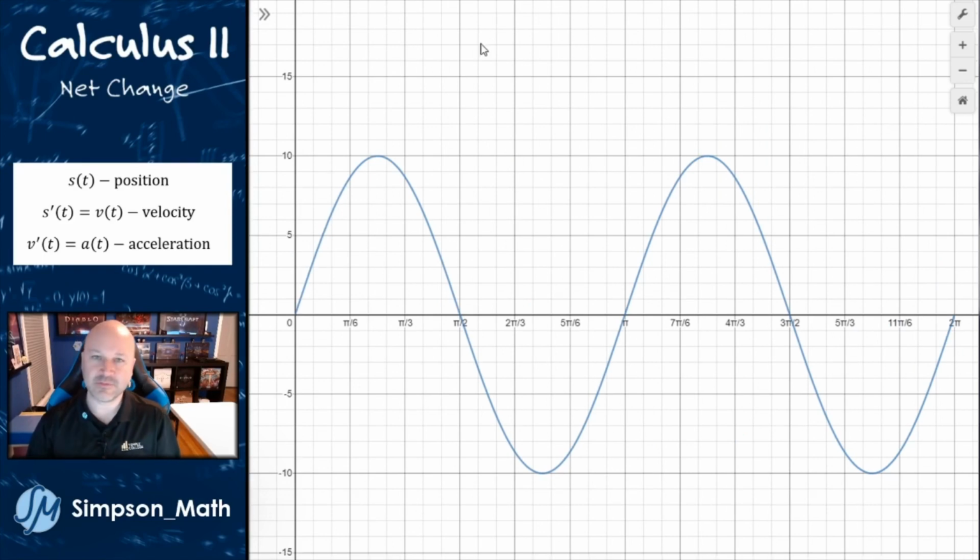If I'm looking at the velocity function, then the total distance is, I think of it as that area. I need to add up all those areas.